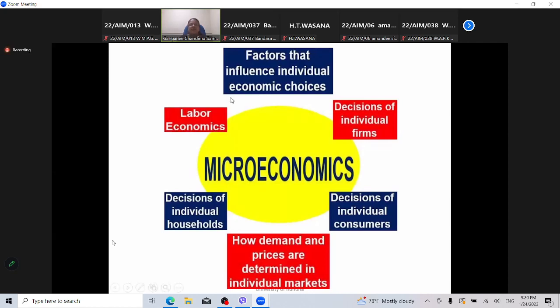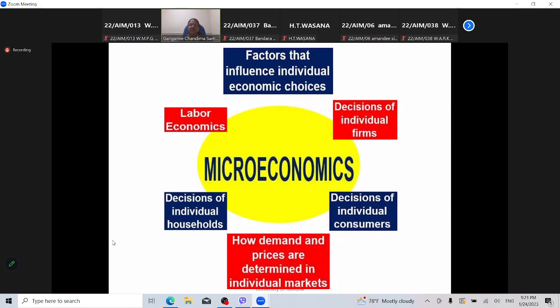As I explained in previous content, you may learn demand and supply, decisions of individual consumers, individual firms. Very important in microeconomics. Micro level, small level economics, simply. We are discussing labor and other factors that affect individual decisions. Then individual firms' decisions and consumers' decisions, all households' decisions.